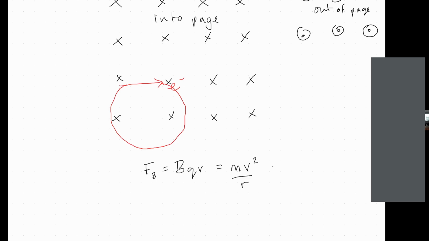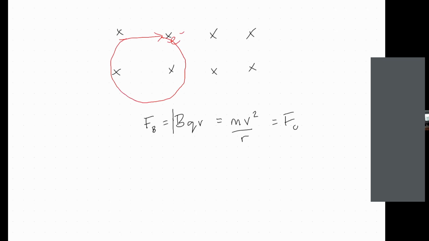That's the centripetal force, because it is the magnetic force that is providing the centripetal force. If you just take that bit in the middle, you can cancel one of the v's and you end up with r is equal to mv over BQ.